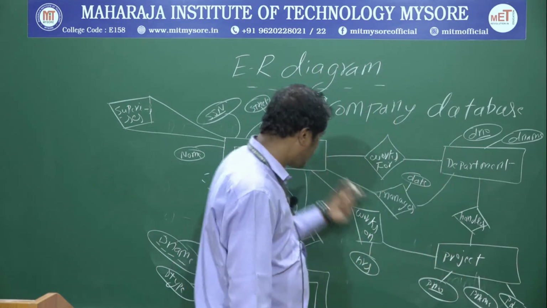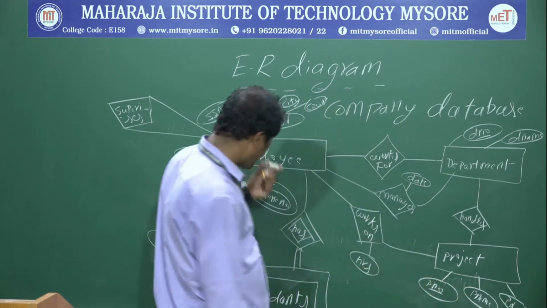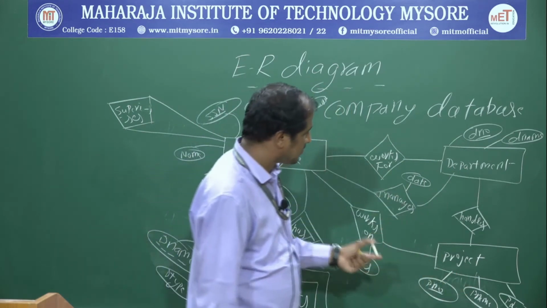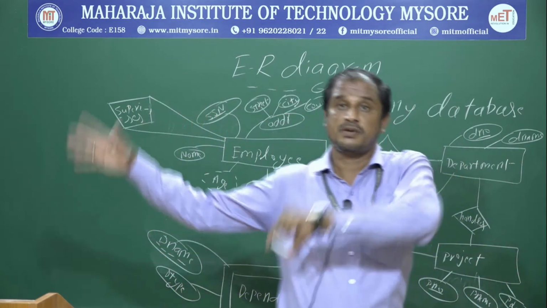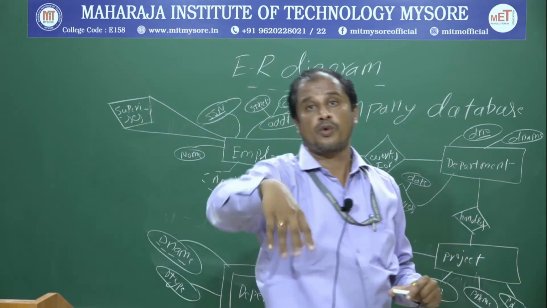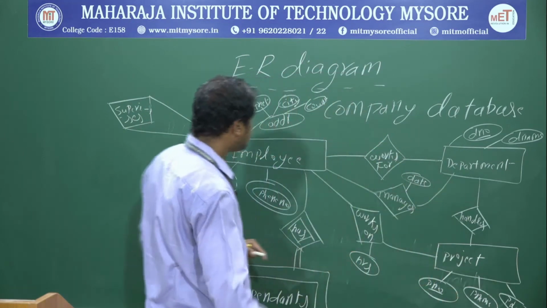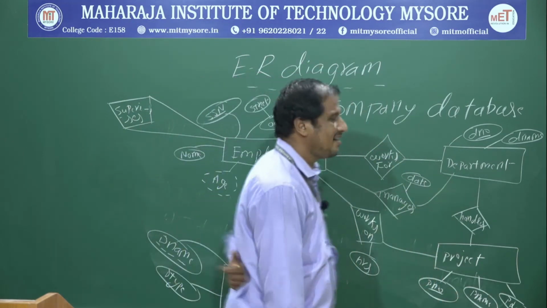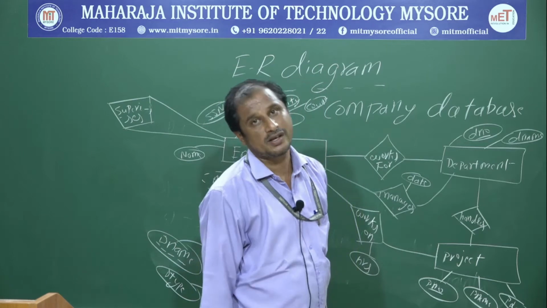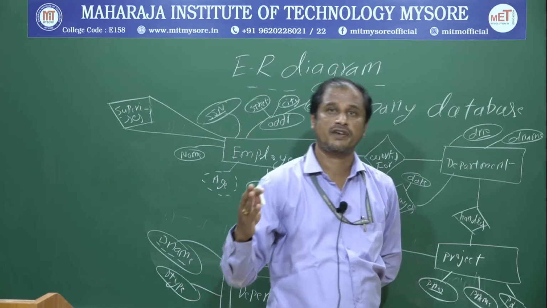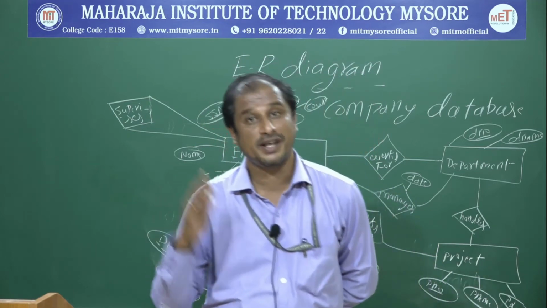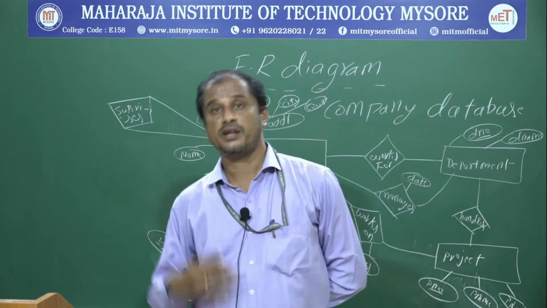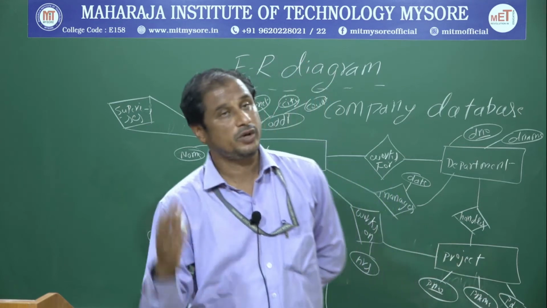Okay, and then employee works on the project. Then employee has a dependent. Employee manages the department. Department handles the project. There is a recursive relationship where the employee supervises employees. Now I want to write the cardinality ratio, because my next job is to identify the ratio: 1 to 1, 1 to many, many to many, or many to 1.